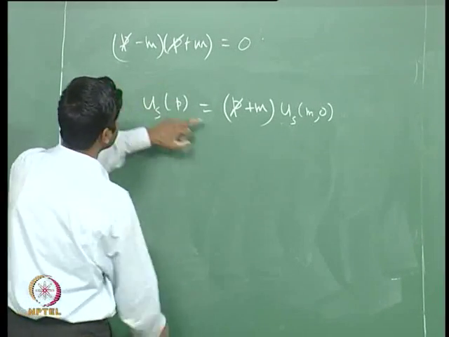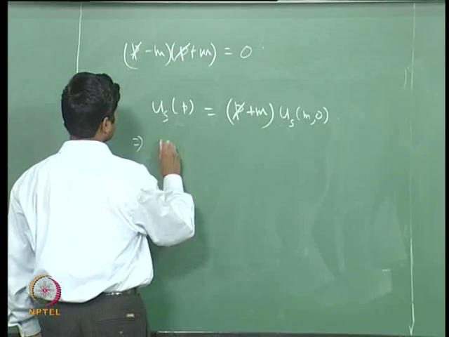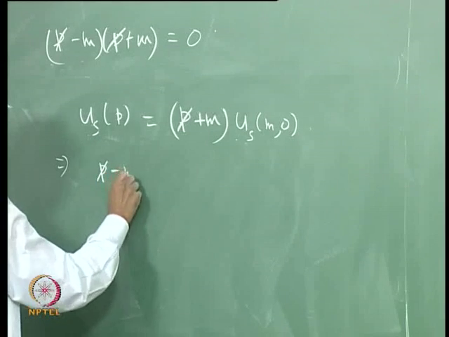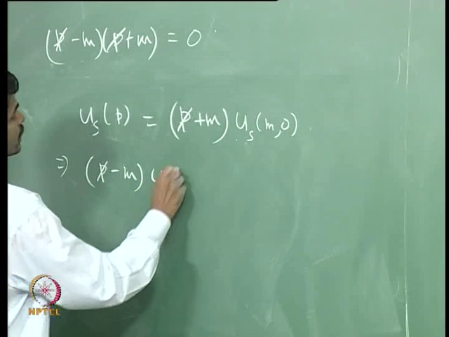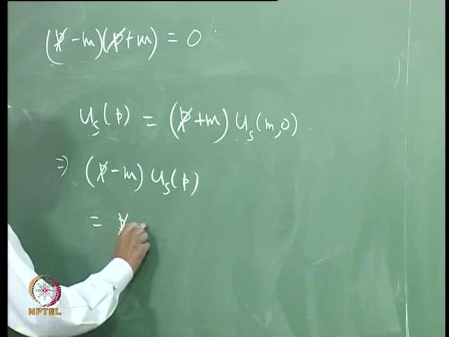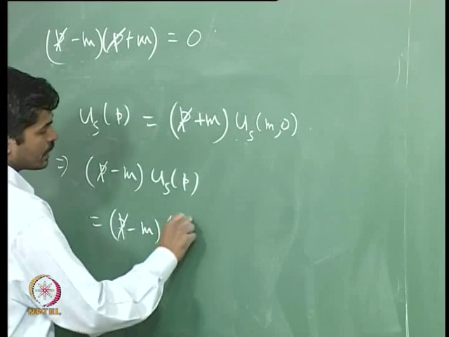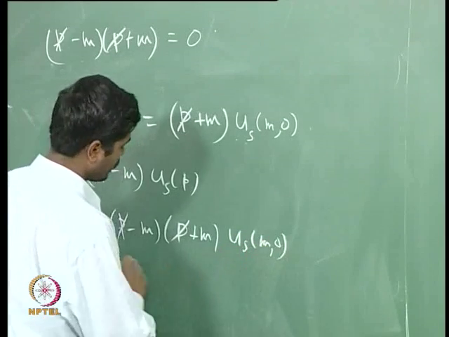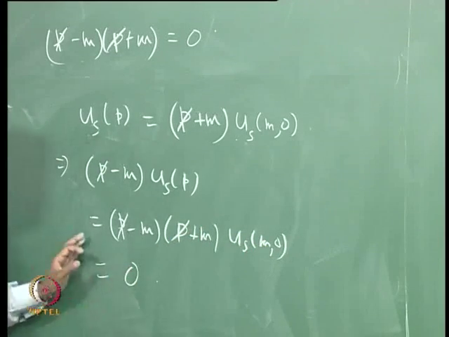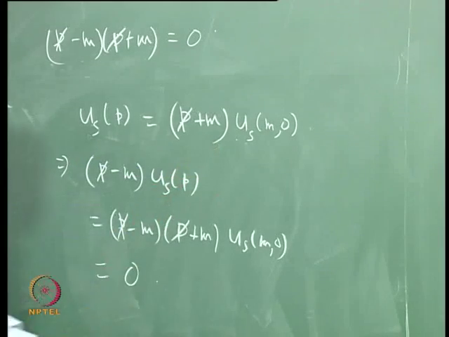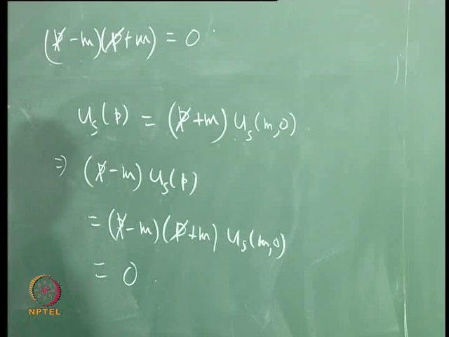because obviously this simply implies that p slash minus m acting on u s of p is nothing but p slash minus m p slash plus m u s of m 0, and because this is 0, this quantity is 0. So, for any u s of this type, it is actually a solution to the Dirac equation.